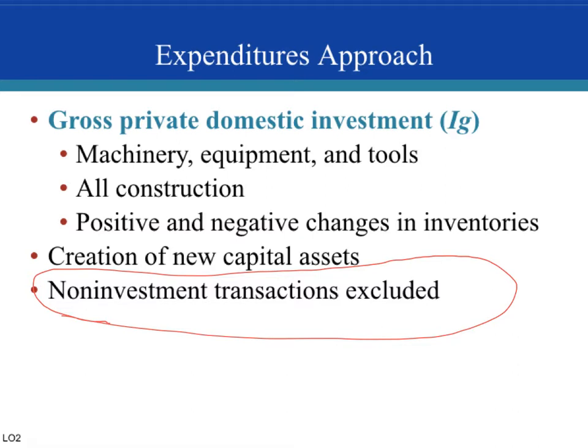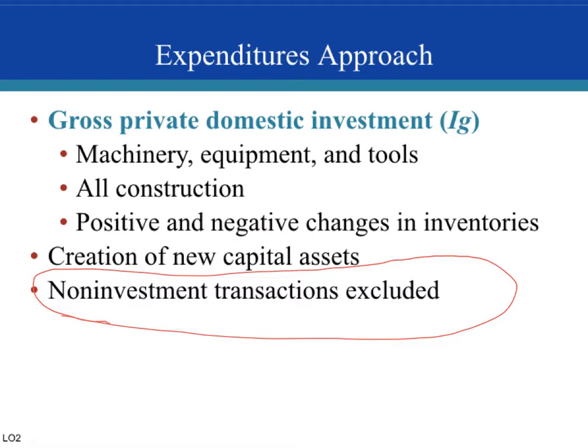But if a business acquires more machinery, tools, equipment, that will go under investment. Any type of constructions, and also inventories. Inventories are goods that are produced but not yet sold. So this is the category that they go under.